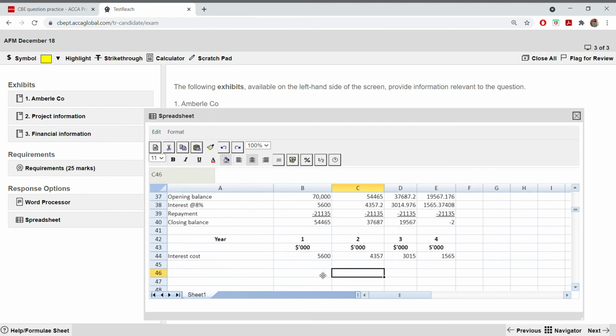Now on this interest, tax relief. Tax relief at 30% because tax is at 30%. Right? So just take 30% on each. That's it. Equal to 30% multiplied by this rate. Once you take 30%, it's enough. Just drag it.